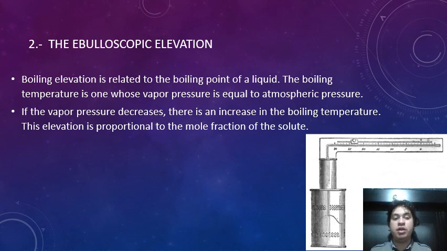The boiling temperature is one whose vapor pressure is equal to atmospheric pressure. If the vapor pressure decreases, there is an increase in the boiling temperature. This elevation is proportional to the mole fraction of the solute.